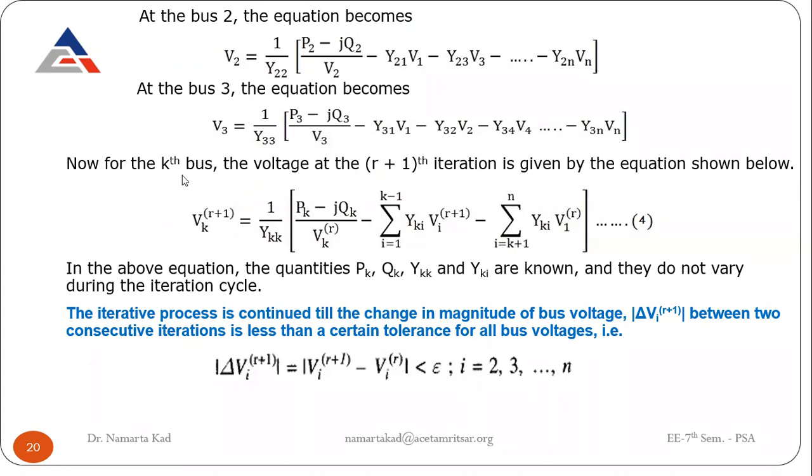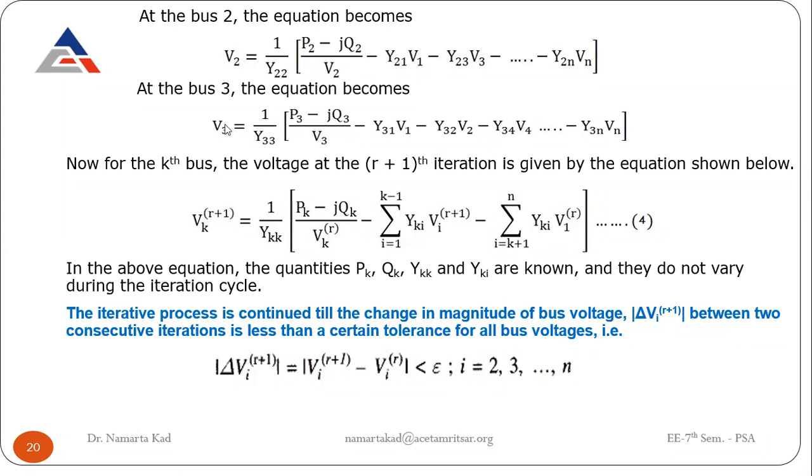So for the kth bus, any bus k, the voltage at the (r+1)th iteration is given by the equation: Vk for the (r+1)th iteration equals 1 upon Ykk, (Pk minus jQk) divided by Vk conjugate. And you see here that here is V3, here is also V3.